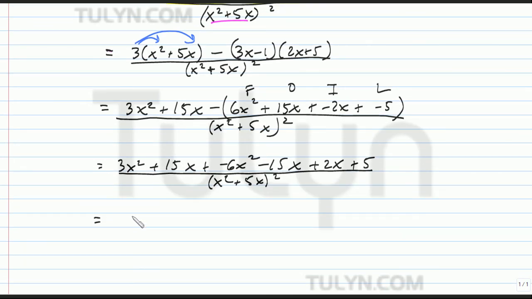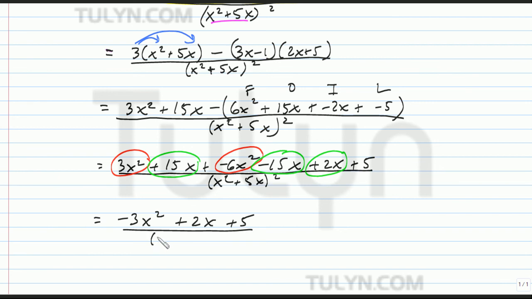So then you combine all your like terms. There's 3x squared plus negative 6x squared. You've got positive 15x and negative 15x and positive 2x. So 3x squared minus 6x squared is negative 3x squared. 15x and negative 15x cancel out, and then you're left with plus 2x plus 5, all divided by (x squared plus 5x) squared.